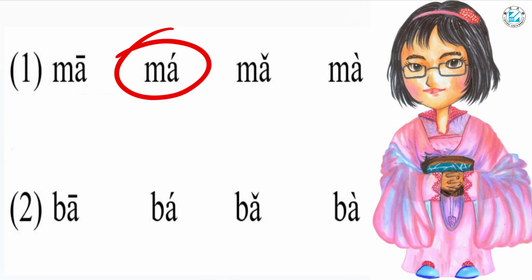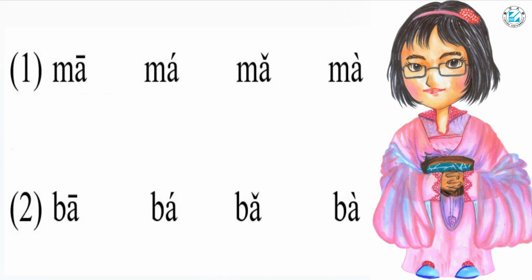And the second one, tone number 2, ma, ma, ma. You can raise your eyebrow or lift up your head a little bit. And tone number 3, remember going down, ma, and then up, ma, ma. And then number 4, you stamp your feet sharply, ma, ma.